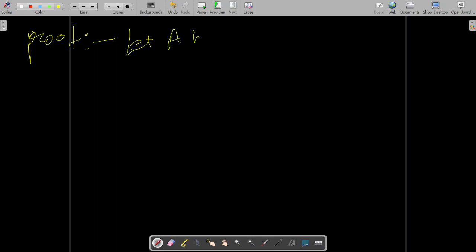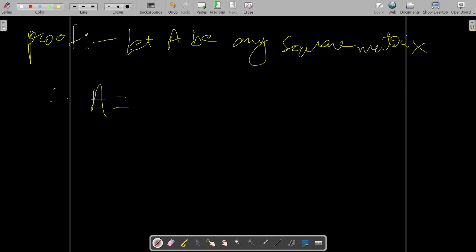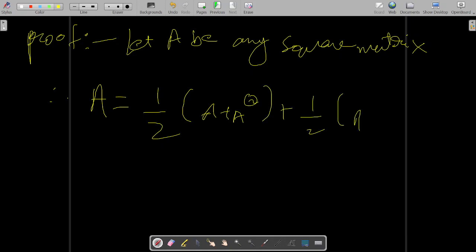Therefore, A equals half of A plus A conjugate, plus half of A minus A conjugate. So this is your Hermitian matrix.